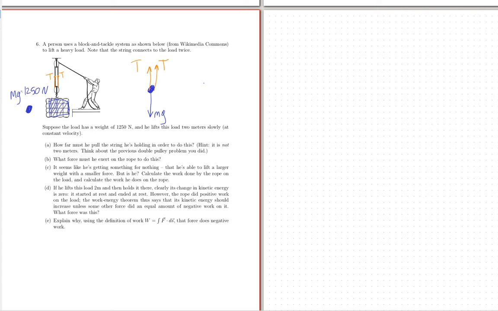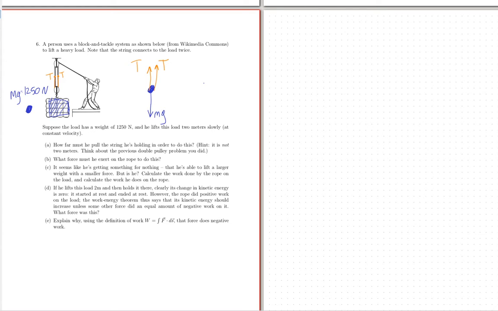So machines like levers, hydraulic lifts, inclined planes, crowbars, block and tackle systems like this one, all of them are designed so that we can exert a small force over a long distance on the thing that we touch, and then on the other side get a large force over a smaller distance.